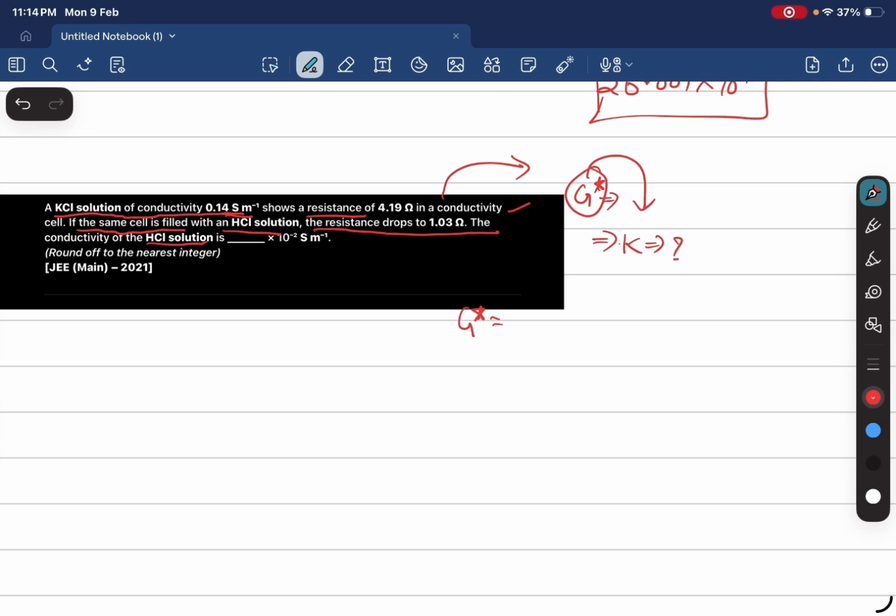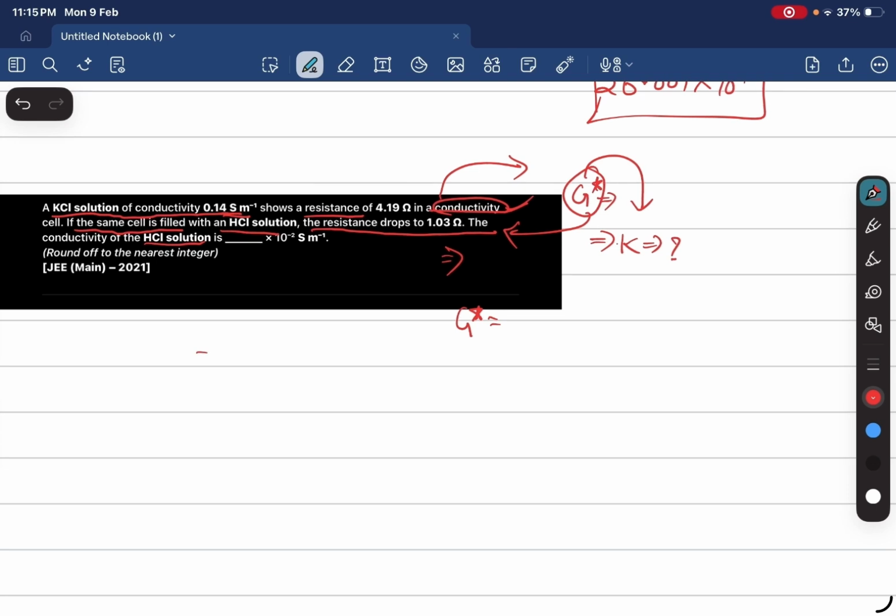and another one is specific conductance or conductivity. First we have to calculate G star by using conductivity and resistance of the first solution. That calculated cell constant should be used in the second cell. So first write the given values.